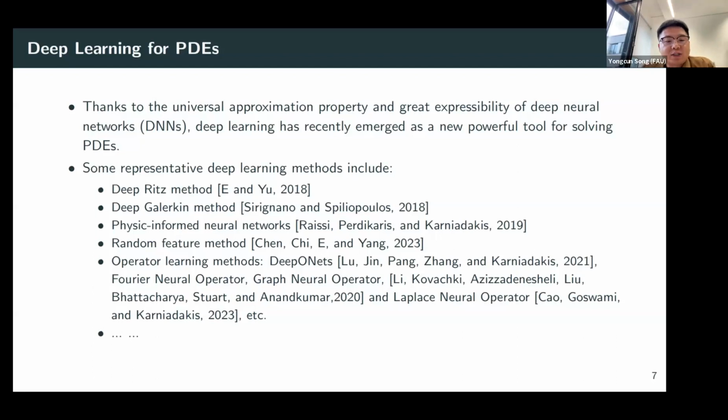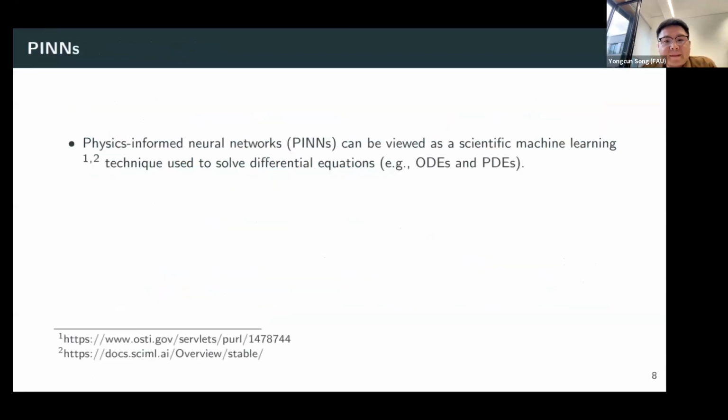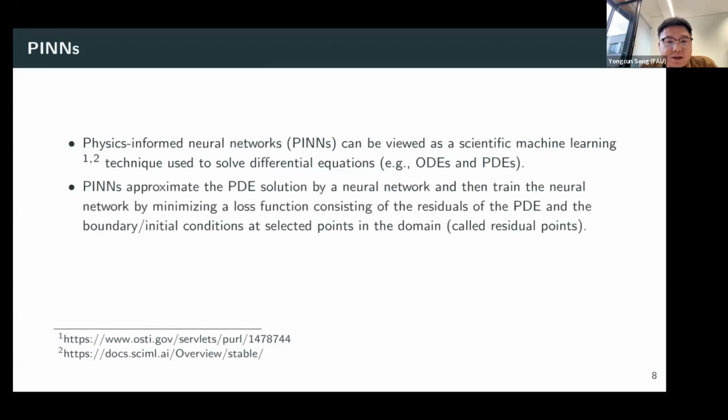And here we focus on physics-informed neural networks, because it seems that PINNs are the most popular one, because they are very easy to implement and have great power in many applications. PINNs can be viewed as a scientific machine learning technique used to solve different differential equations.